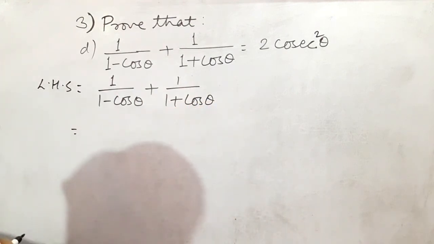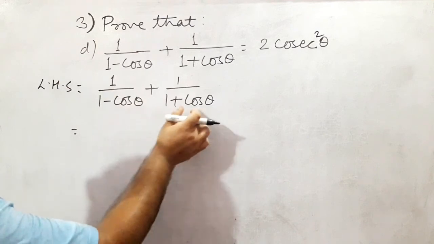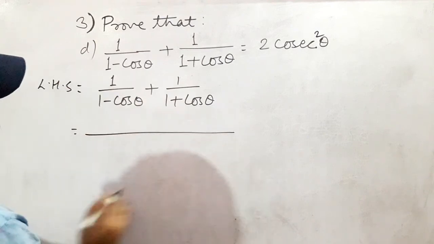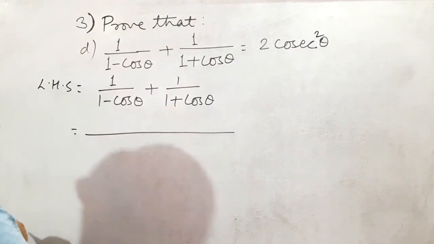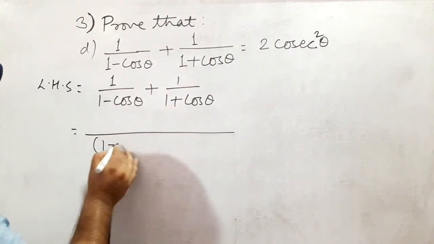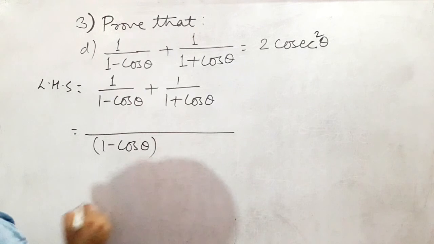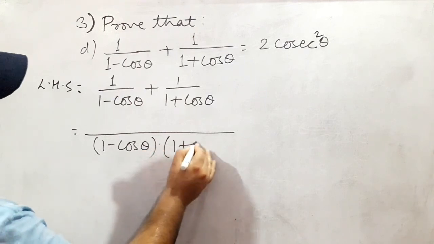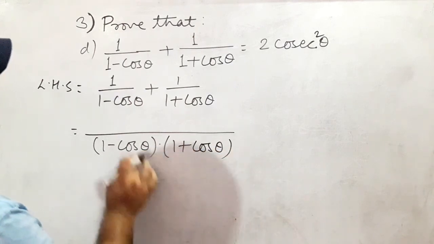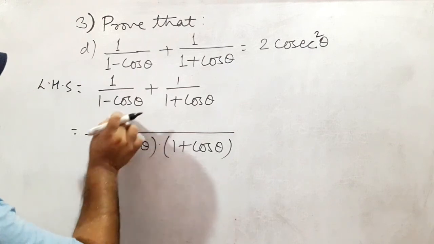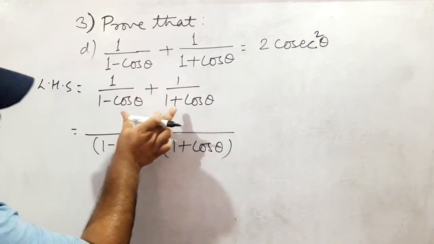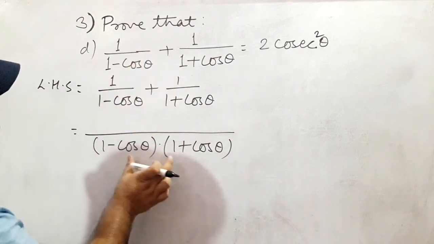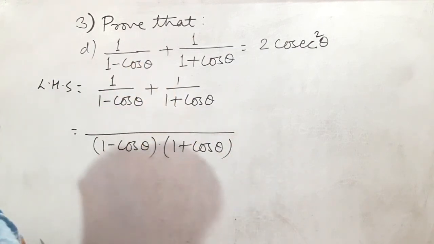Now we shall take the LCM of 1 minus cos theta and 1 plus cos theta. Since they are different expressions, the LCM of these two would be both. We shall take both.